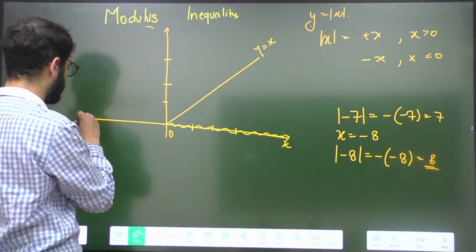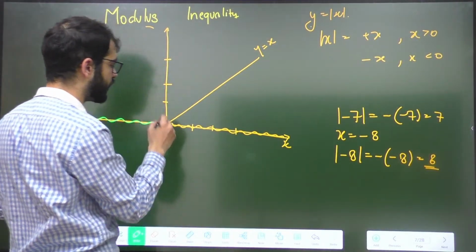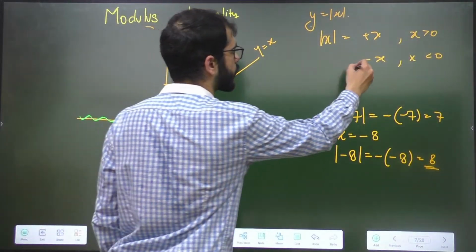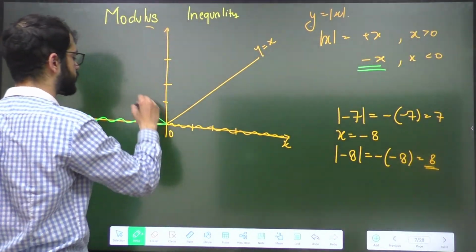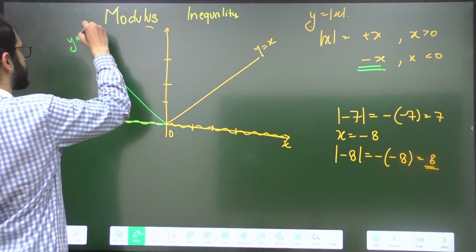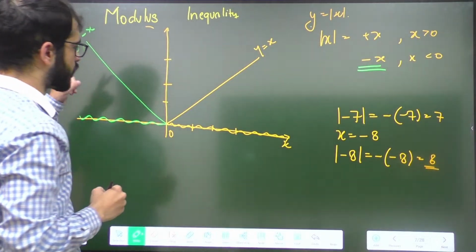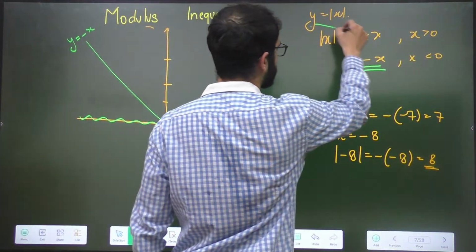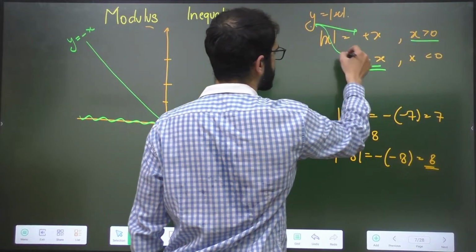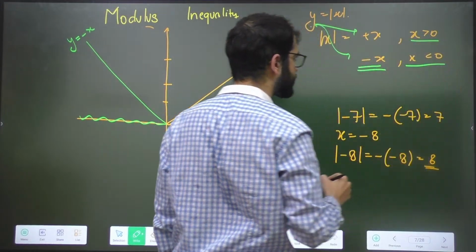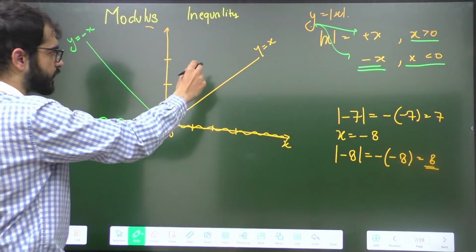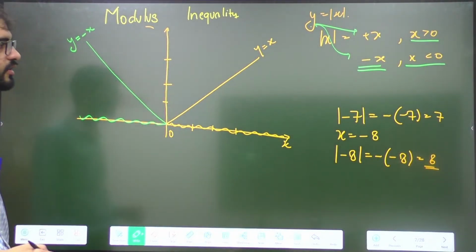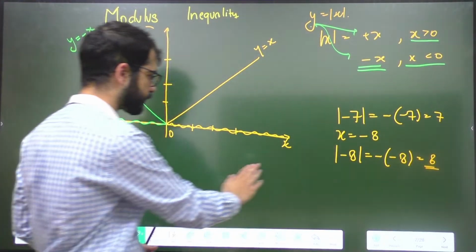If I'm talking about x less than 0, which is this interval, then the equation is y equals minus x. So now we get two equations. One is y equals plus x when x is positive. One is y equals minus x when x is less than 0. For these two equations, we get the final graph. This is the graph of the modulus expression.